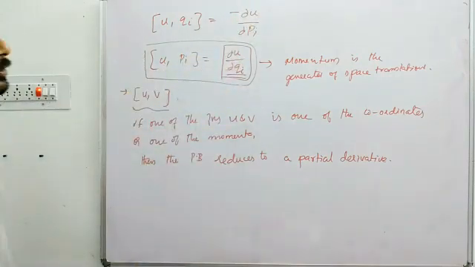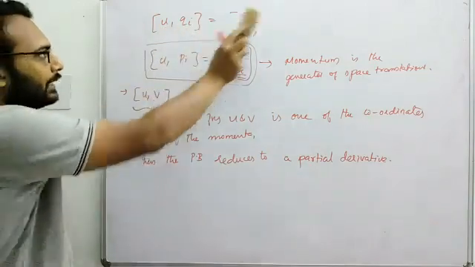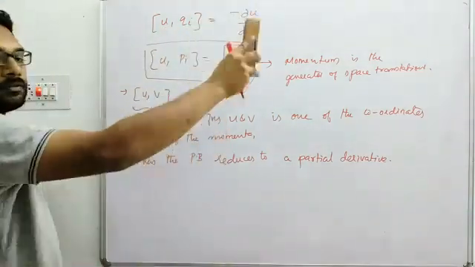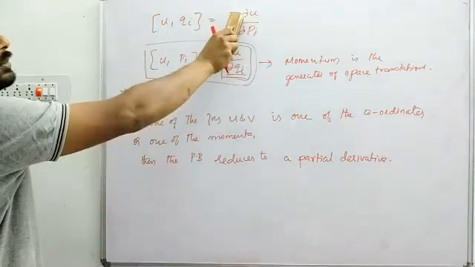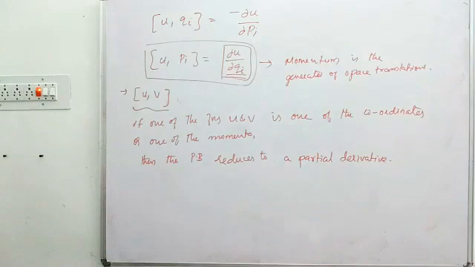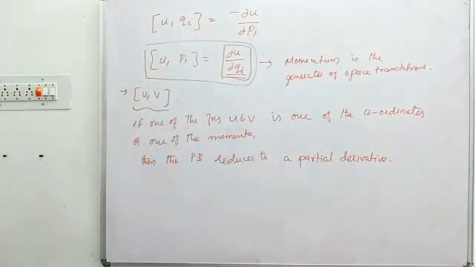Sometimes it will be very useful to solve some problem. If you have a function with qi or pi, it's just a partial derivative. You don't have to do all the steps. You just have to remember the sign. If it's with qi, it's minus dou u by dou pi, and if it's with pi, then it's dou u by dou qi.